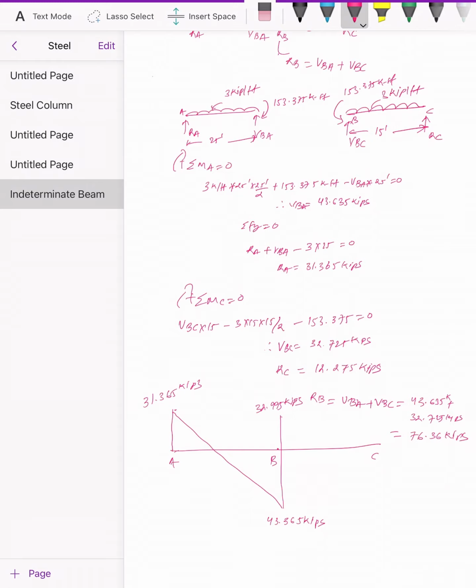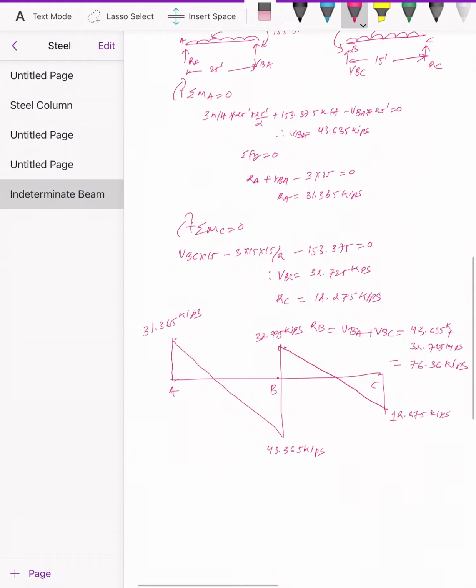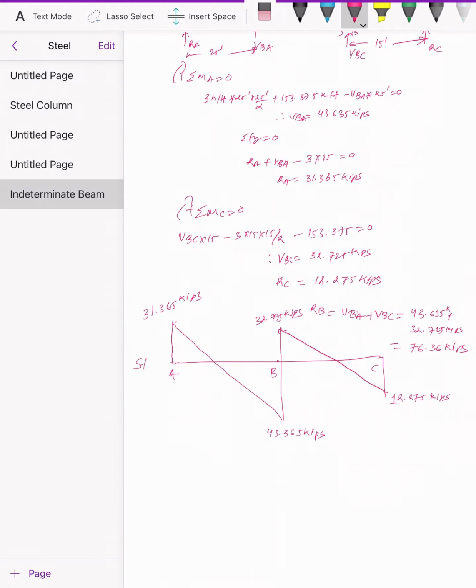Again you will push down by 3 kip for every foot, so it will go minus 3 times 15, and reaction at C is 12.275 kips. So this is our shear force diagram.